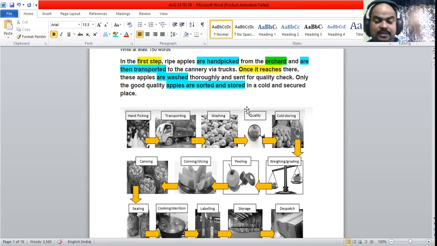So we can see the sequence, we can see the passive voice, and we can see the main verbs in the passive voice: handpicked, transported, washed, sorted, stored. Five things are there in the paragraph. I think it is clear.